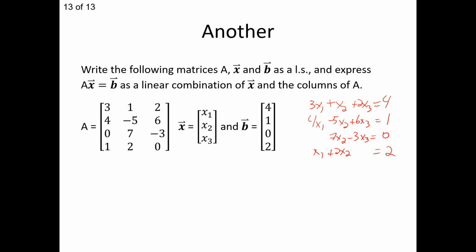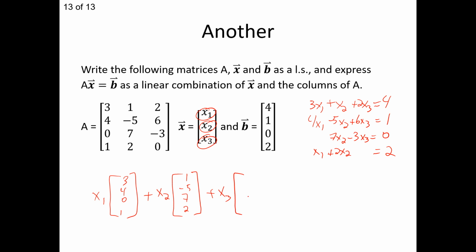To write this as a linear combination, remember what we do is we steal each of the elements of our n vector and make them coefficients with our columns. There are three variables, there are three columns, and that's what it would look like as I form a linear combination of my three unknowns here. So x sub 1 forms a product with my first column, x sub 2 forms a product with my second column, and x sub 3 forms a product with my third column.